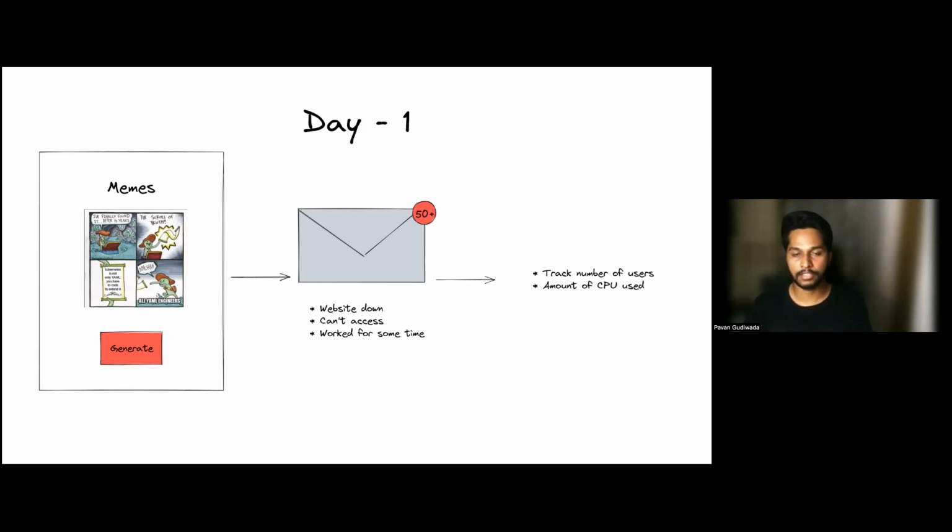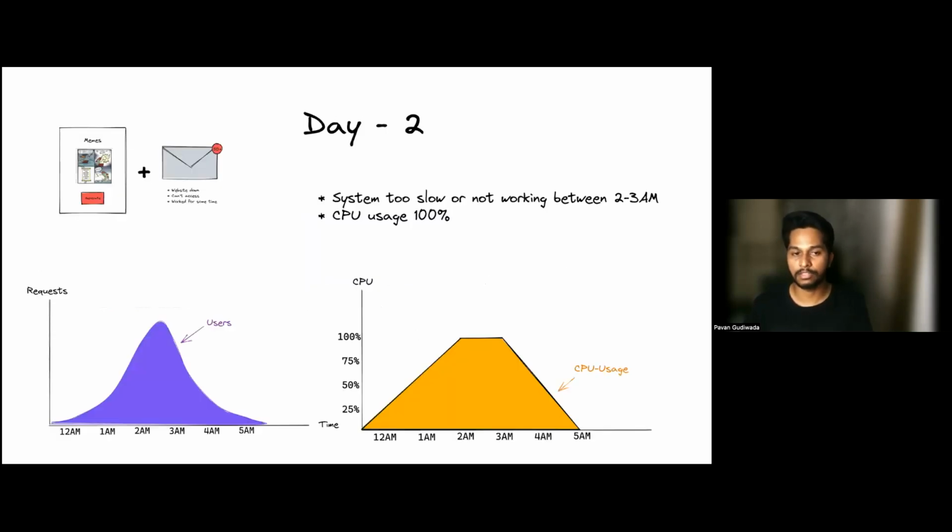And on day 2, which is the day after tomorrow, you wake up and you still have emails. So it's not a problem because now you have more insights into what is actually happening. So from the data you got, you understand that between 2 a.m. and 3 a.m., the CPU usage is really high.